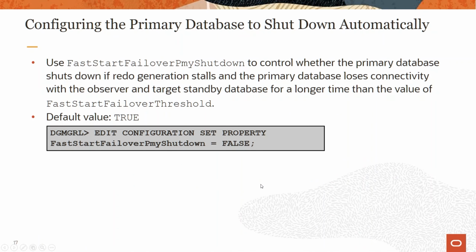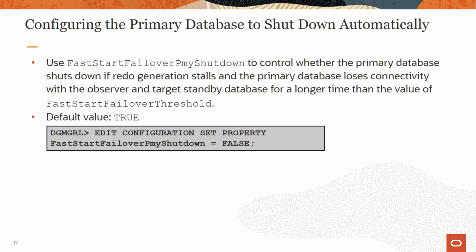Another one is configuring the primary database to shut down automatically, and you should use fast start failover primary shutdown. If a primary database is not reachable and the standby database has lost the connection to the primary database, fast start failover will be initiated, and then the primary database will be shut down if you set it to true.